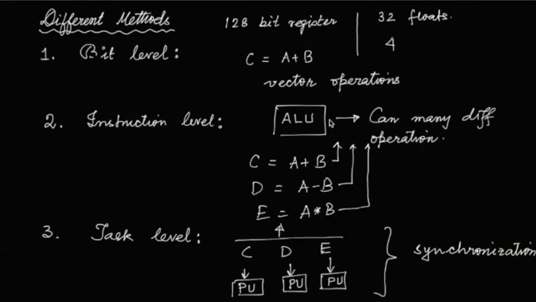After doing C equals A plus B, D equals A minus B, etc., you have another step, which is writing back C, D, and E into the memory, and then you can load the next set of data. Addition and subtraction will probably run at the same time, but multiplication will require more time. So you have to wait for the multiplication to finish before you can load the next set of data. Okay, so I'll stop here.